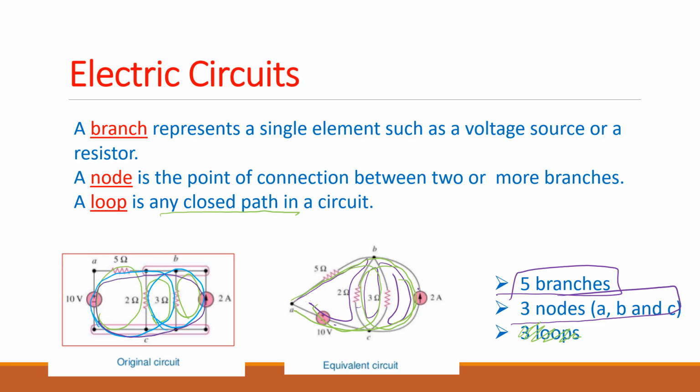So we have 1, 2, 3, 4, 5, 6 loops altogether. Actually, if we only consider these 3, those will be the meshes. When we come to that part, when we are learning about meshes, I will explain what a mesh is. And a loop can be any closed path, and we have 6 loops in this circuit.